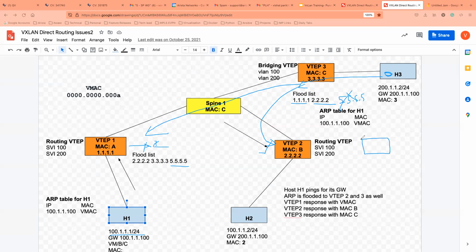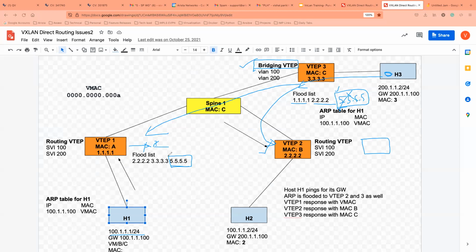That's why it is very important that you configure the virtual VTAP IP in the flood list of the bridging VTAP. You should never miss this.